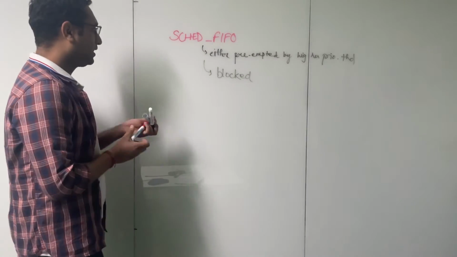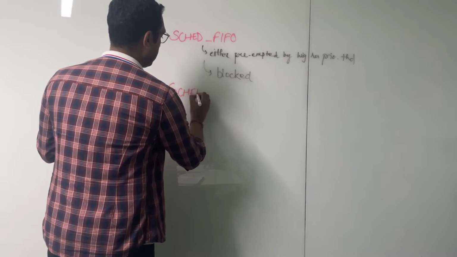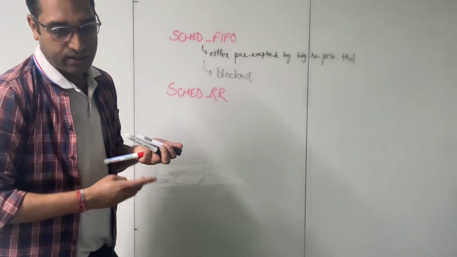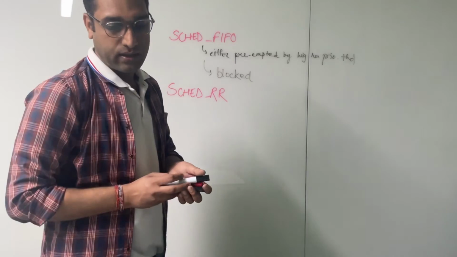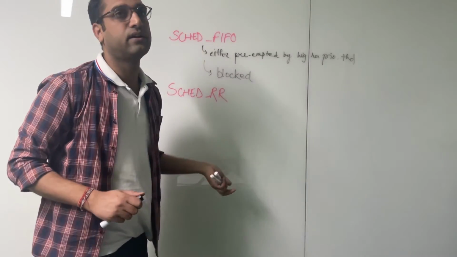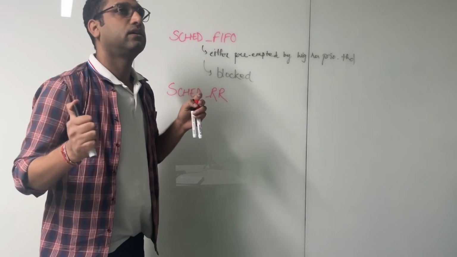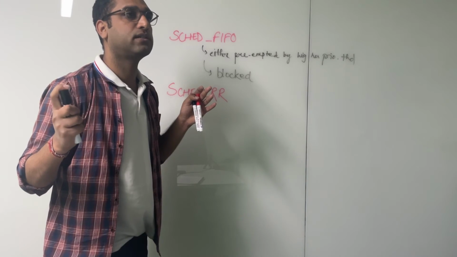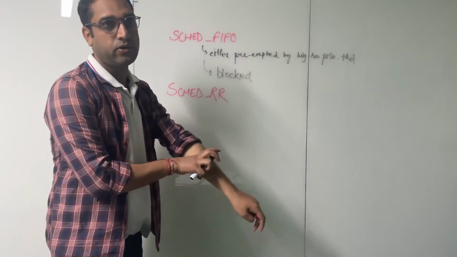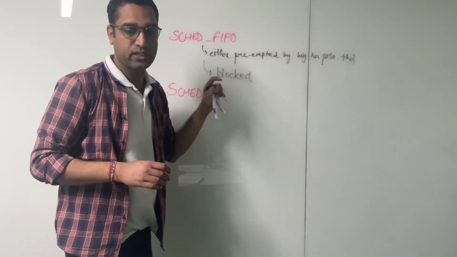Now what does SCHED_RR mean? When the system scheduler chooses the process to be executed, then inside that process the thread with the highest priority starts executing.